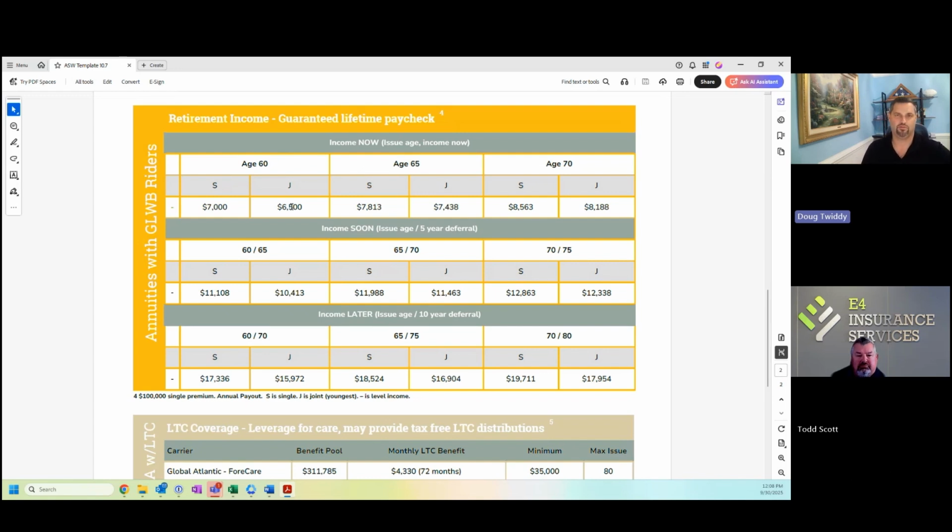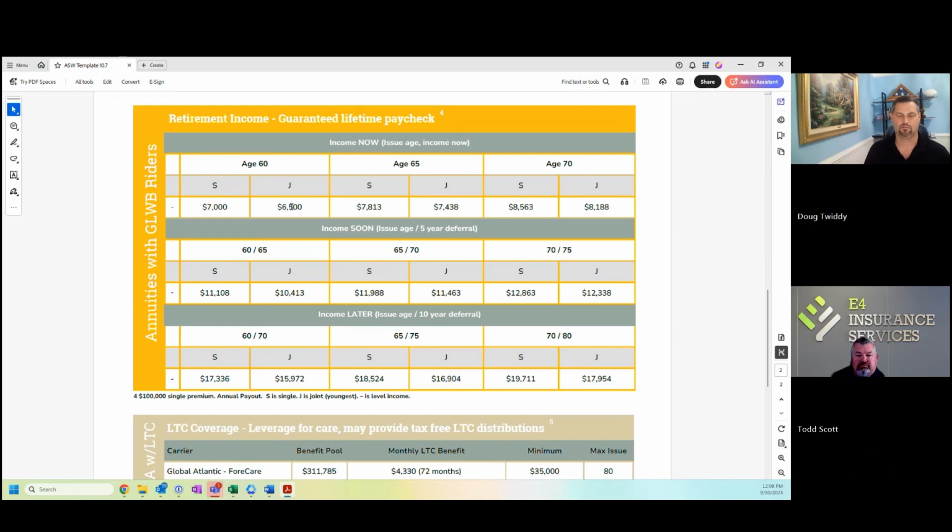My mother's got one of those, and she just got 120% of the distributions that she took all year. So now her account balance is higher than it was on day one. It's higher than the original premium, even after taking income for an entire year.